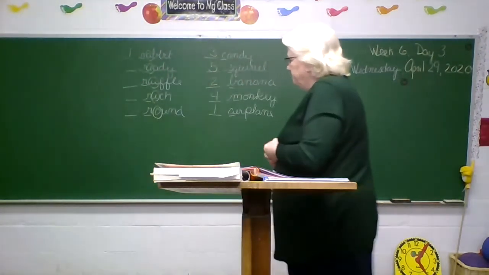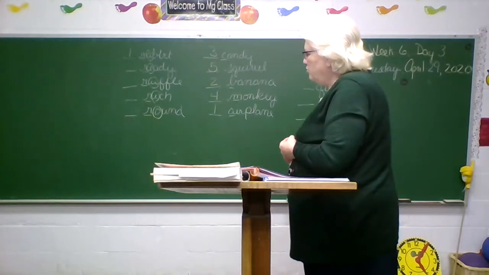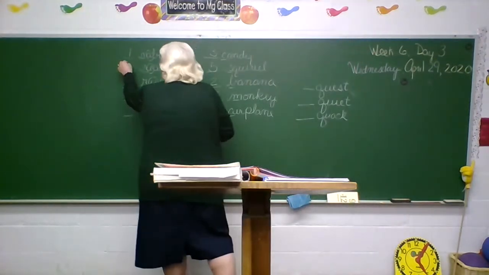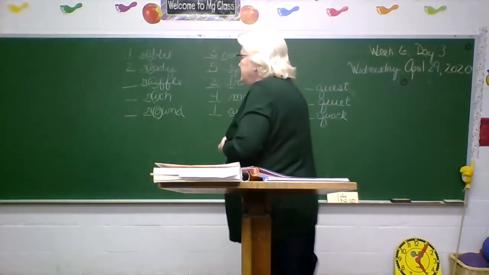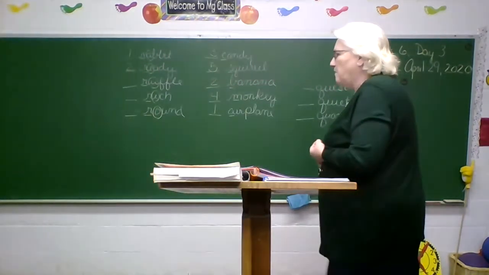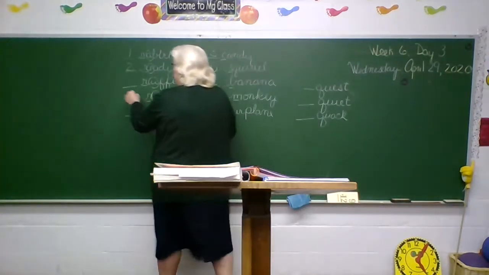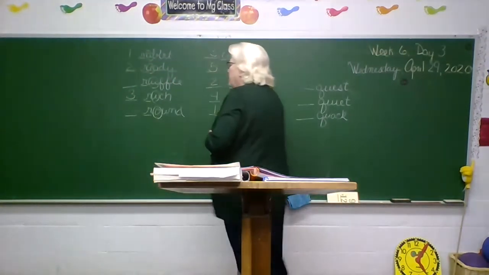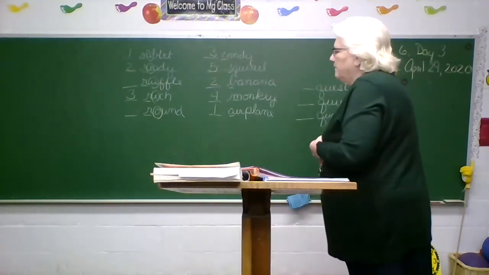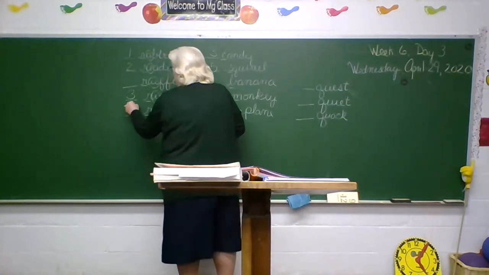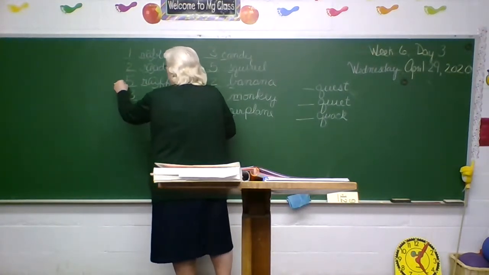Now what? E, U, I, or O? E, according to our alphabet, A, B, C, D, E. Now what? The I, so rich, is number 3. Then what? The O, number 4, and the U, number 5.